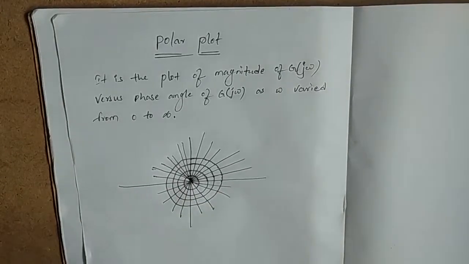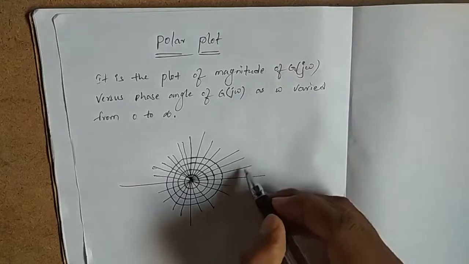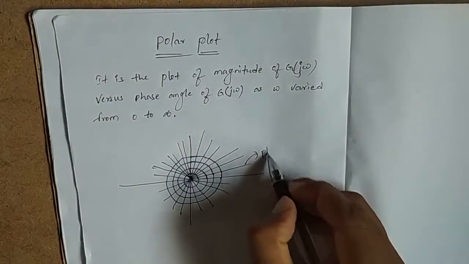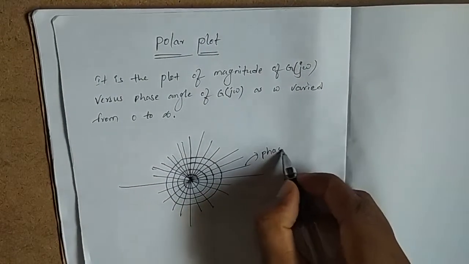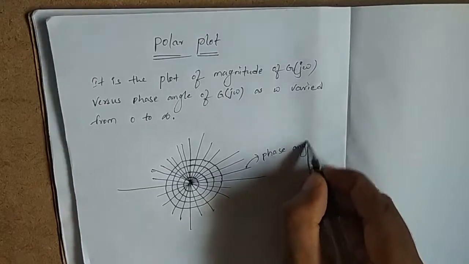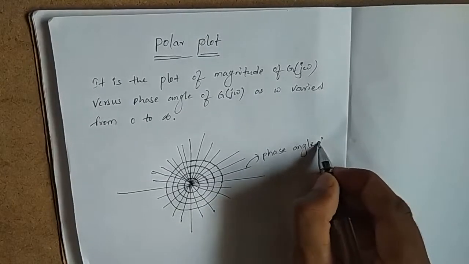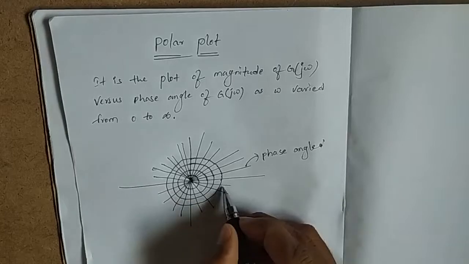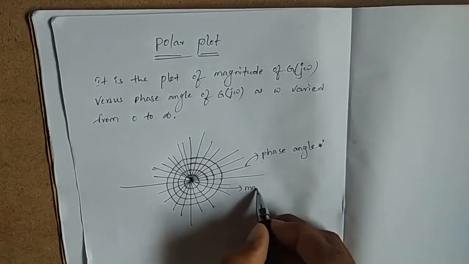The radial lines give phase angle, and concentric circles give magnitude.